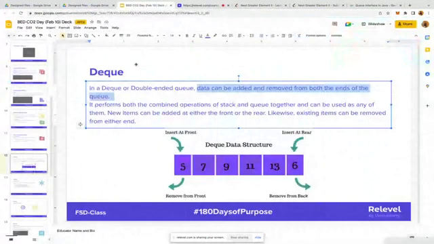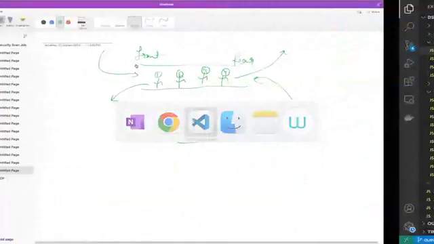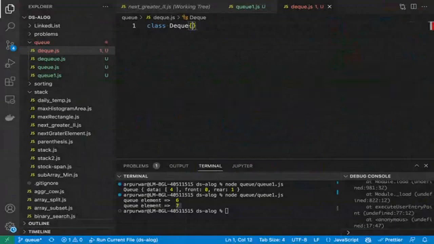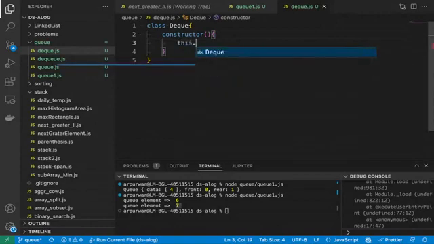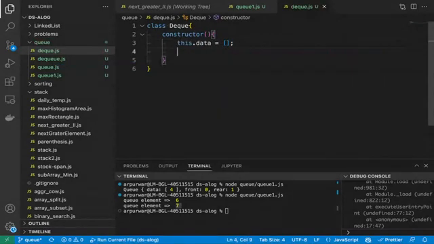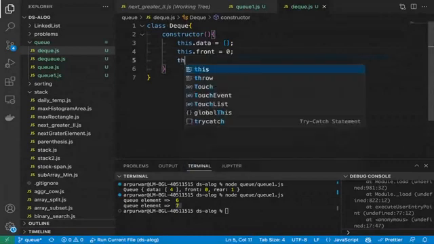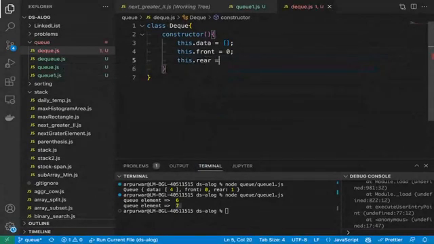Queue only, right? Yeah, queue. Class DQ constructor. It will have the same three properties. This dot data, which would be our array we are taking, not a linked list. This dot front, which is again going to be 0, and this dot rear.